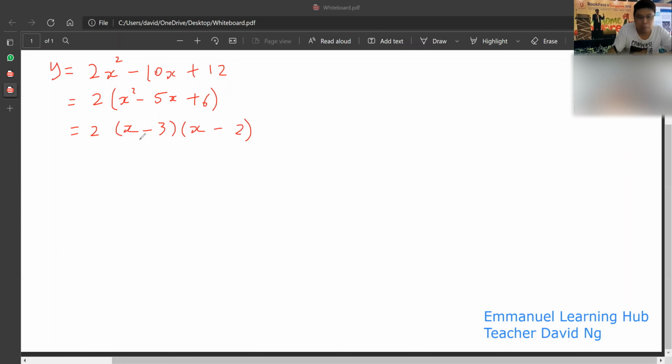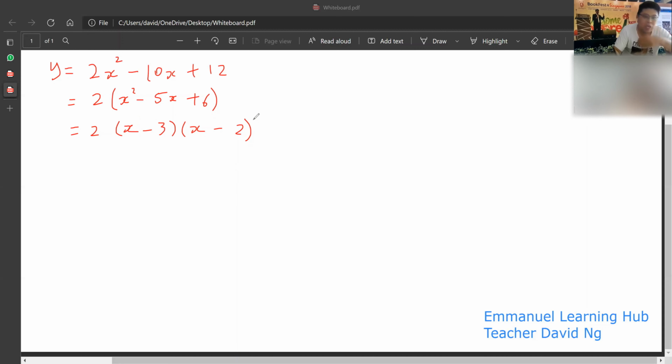Then after factorizing, always double check. x squared minus 2x minus 3x minus 5x, minus 3 times minus 2 is 6. You understand how to get this mentally? Okay. By the way, I changed the question a bit from the book. Just to let you know. So this one is the factorized one.